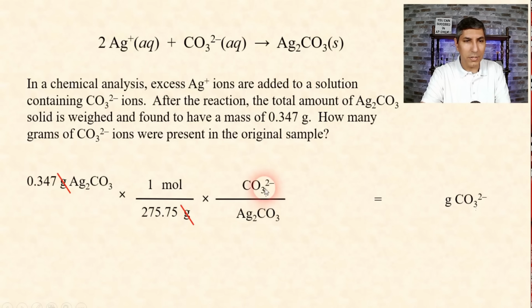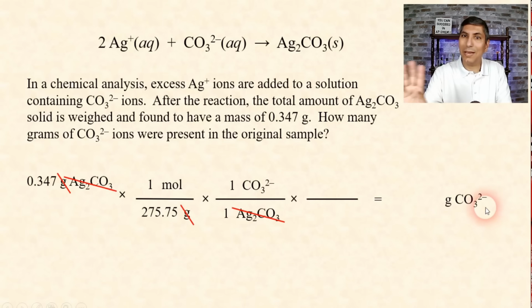So carbonate goes on the top, and I can look in the balanced equation here and see that this is a 1-to-1 ratio. There's one carbonate consumed for every one silver carbonate produced, so 1-to-1. So I can cancel silver carbonate top and bottom. I'm now in moles of carbonate. I want to be in grams of carbonate. So step 3 is to convert to that final unit, which is grams.